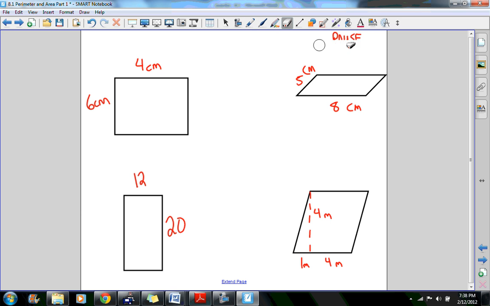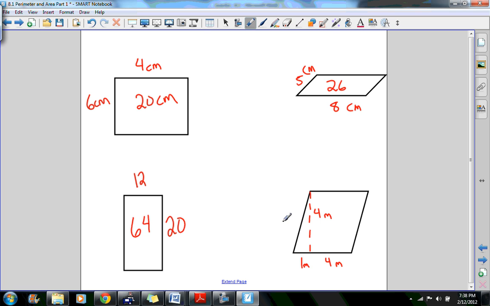Okay, so let's see how we did. This is going to be 20 centimeters. This one down here is going to be 64. This one up here is going to be 26. So this is 16.